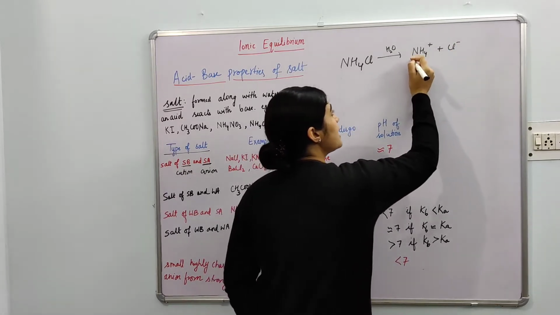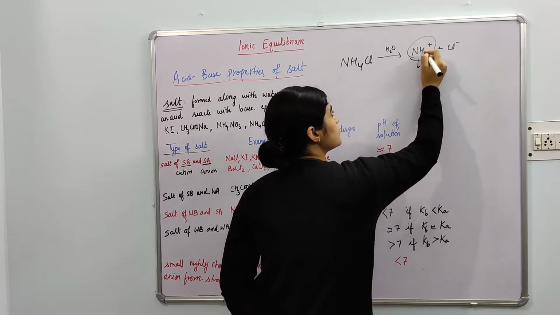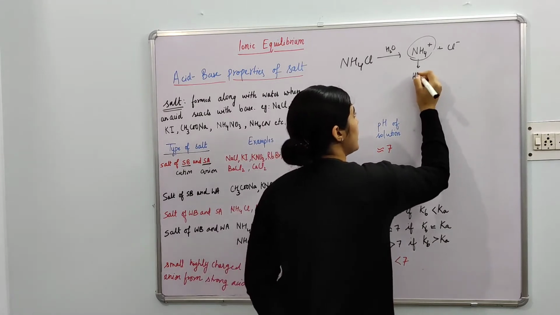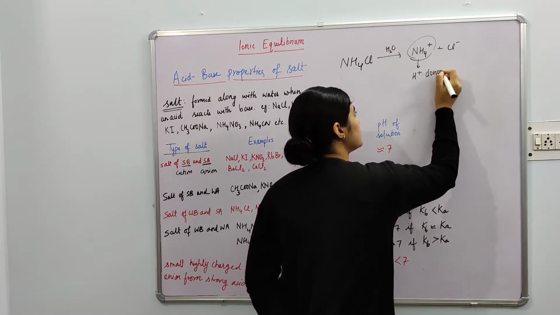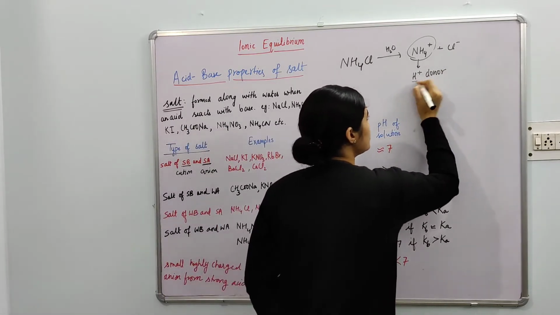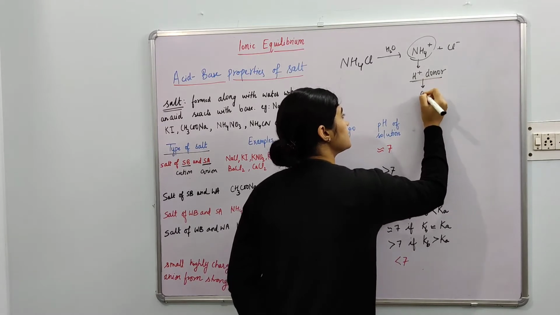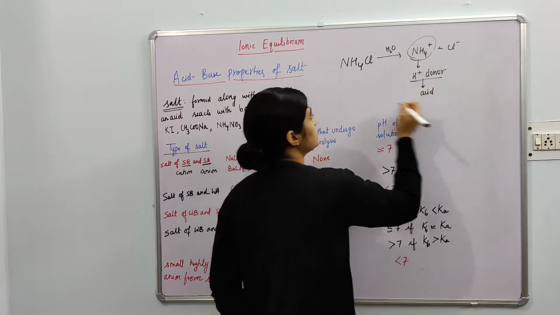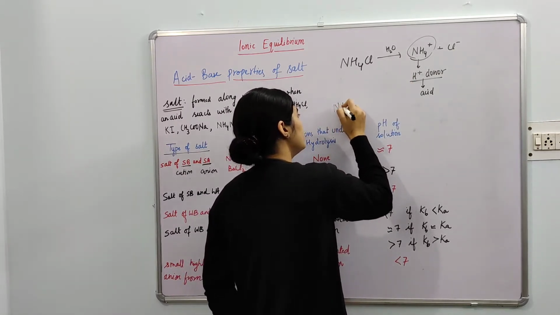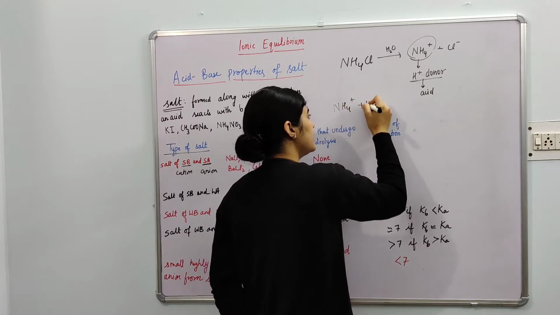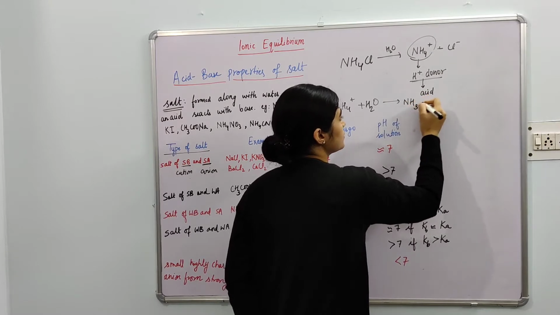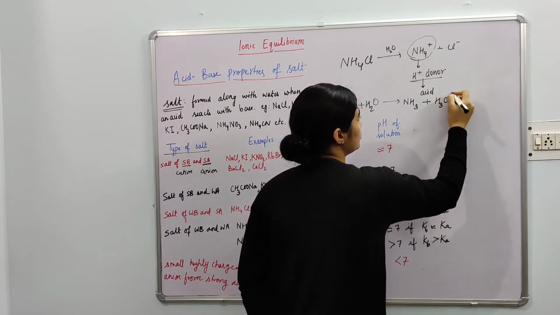Now this NH4 positive is an H plus donor, and in the Bronsted-Lowry concept we have understood that an H plus donor is an acid. So what will happen? This NH4 positive in water undergoes hydrolysis and provides a proton to the water molecule.